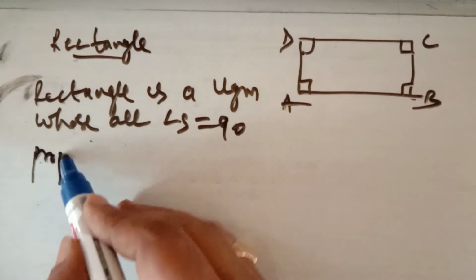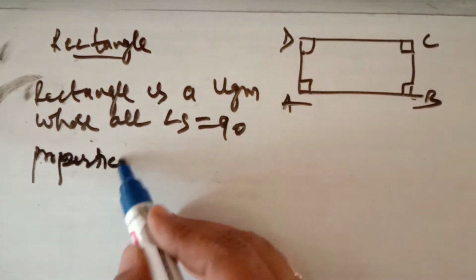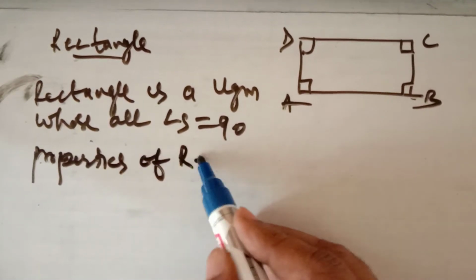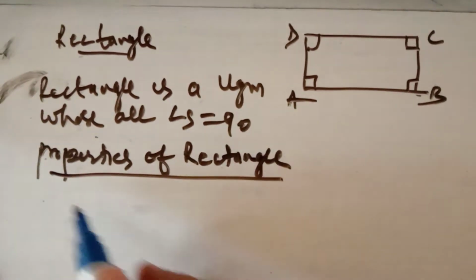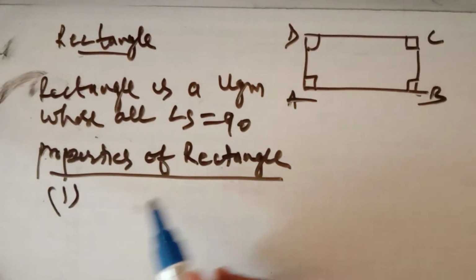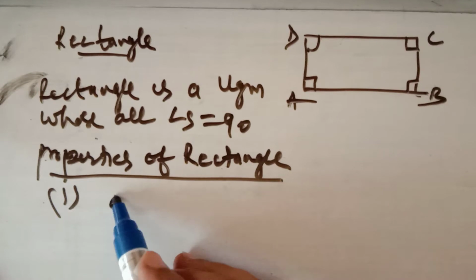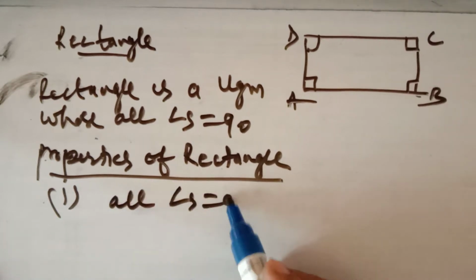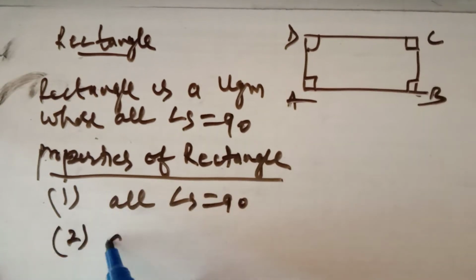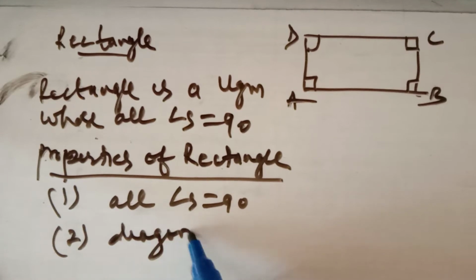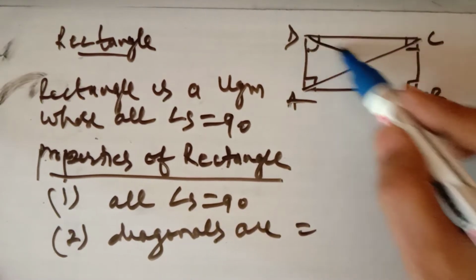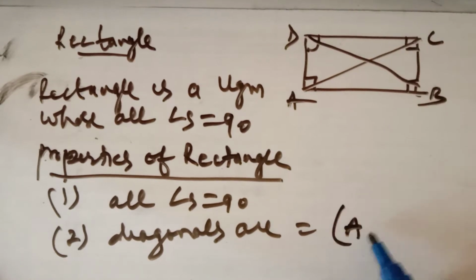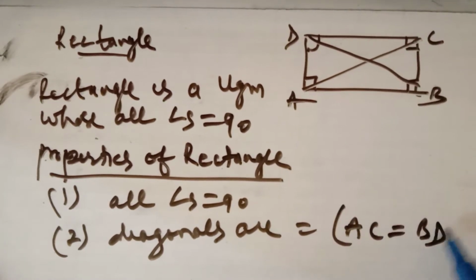Now, what are the properties of a rectangle? First, all angles are equal to 90 degrees. Second, diagonals are equal, that is AC is equal to BD.